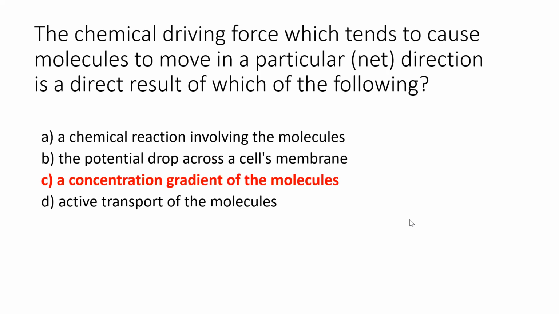It's going to require some type of input of energy, whereas the chemical driving force is the natural force that wants to move particles down or with their concentration gradient, that downhill, spontaneous movement that actually liberates or releases energy. So just to really clarify the difference between the concentration gradient, which is the chemical driving force, and how active transport goes against that.